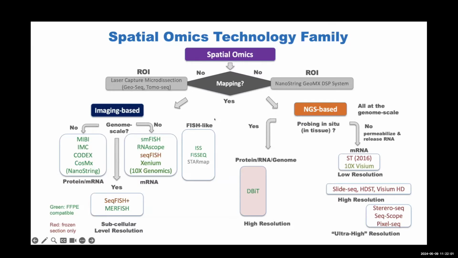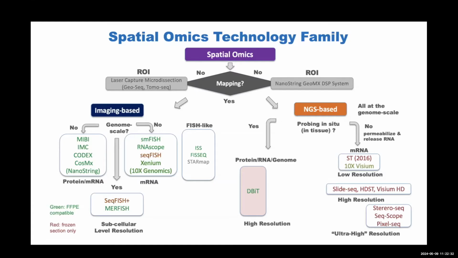Broadly speaking, over the past 10-plus years, there have been two major directions of technology development to achieve spatially resolved high-plex protein or gene expression analysis. One is based on imaging, the other on high-throughput NGS sequencing. In the imaging-based approach, I was truly amazed by the accomplishments of our microscopy colleagues over the past 10 years.